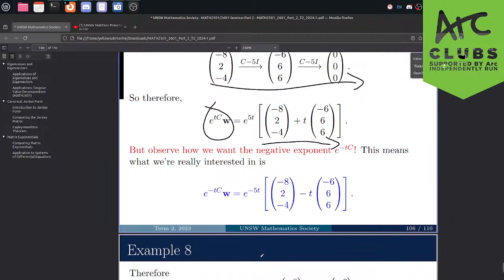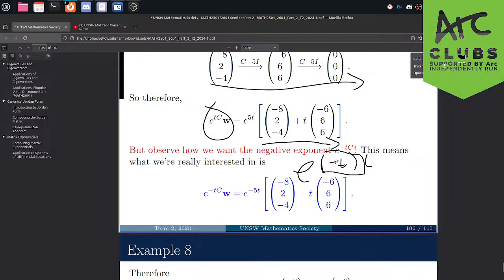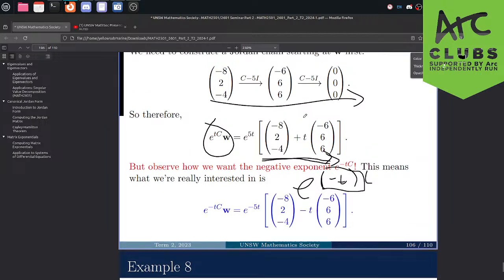This might bamboozle you a bit until you realize that you can actually just rewrite this as e brackets negative t c. And all this tells you is that every instance of t, you swap with negative t. And so our problems are resolved because you take this original form here and swap every t with negative t.